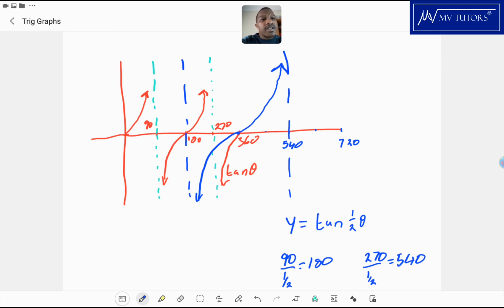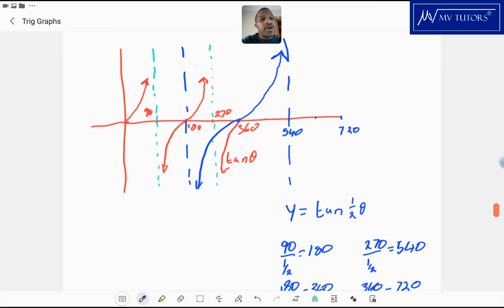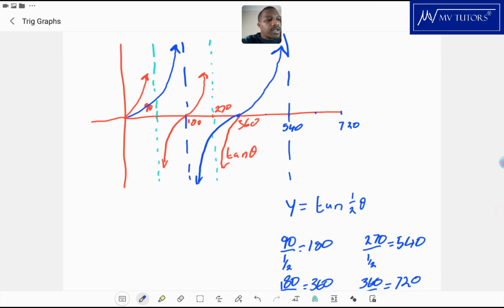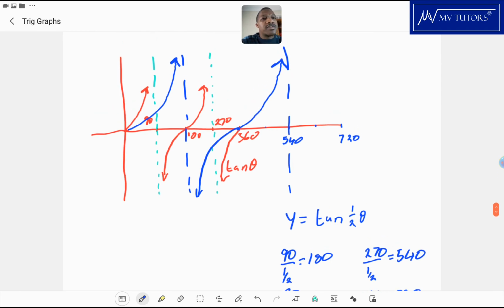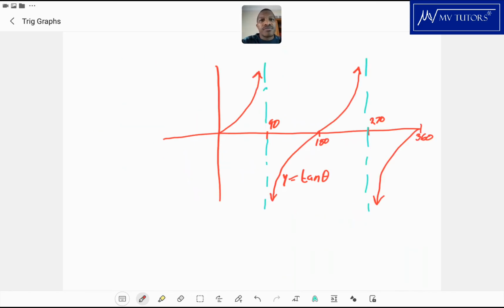And on this side, our 90 became 180, so that's our asymptote. It's still from 0. It goes towards it, doesn't touch it. And then our 360 became 720. So from 720, we go towards the asymptote and don't touch it. So the half actually doubled the graph. That's what it does. That's our original graph once again.